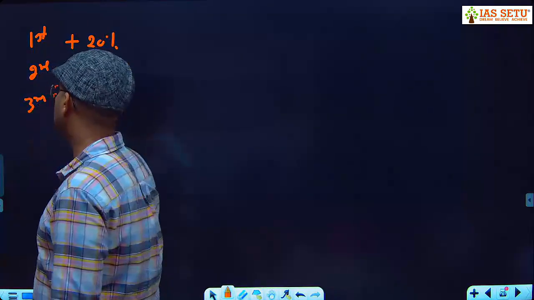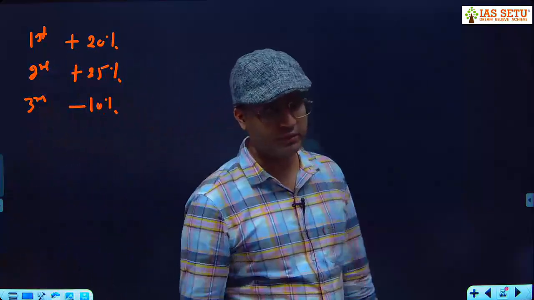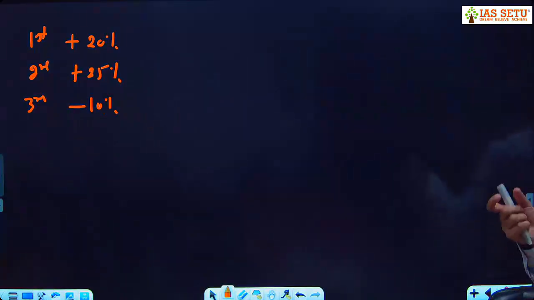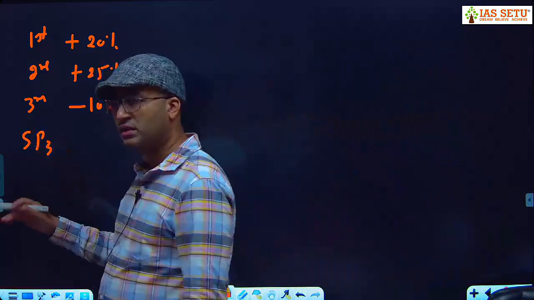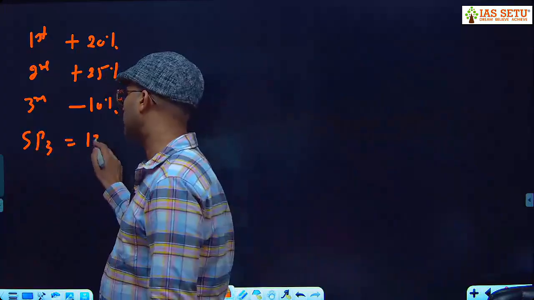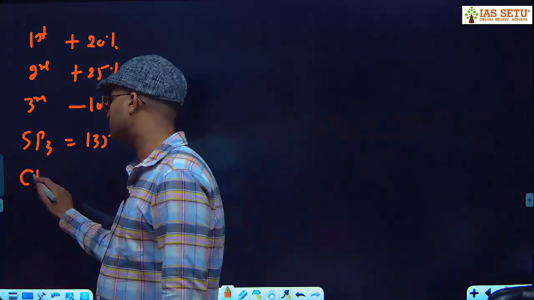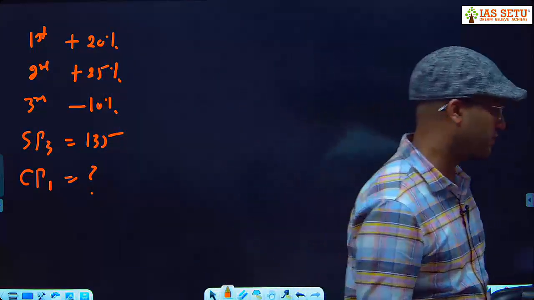Third one suffers a loss of 10%. पहले ने 20% का प्रॉफिट बनाया, दूसरे इंसान ने 25% का प्रॉफिट बनाया, तीसरे इंसान ने 10% का लॉस उठाया. SP3 means third sells it in rupees 135. तीसरे इंसान ने 135 रुपए का बेचा है. Find what is CP1. Find in what amount the first one has purchased it.